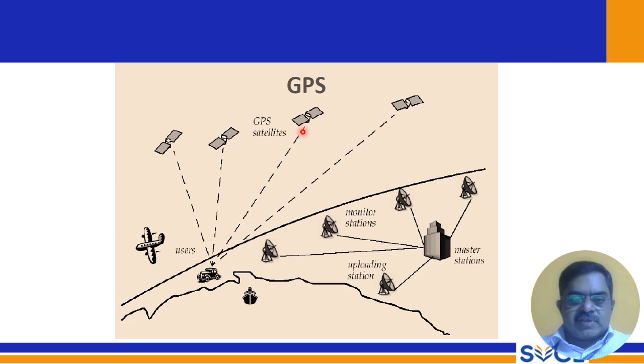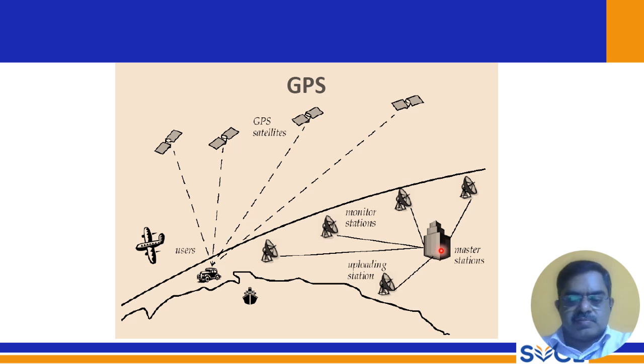You have GPS satellites, and you have the user, who is communicated with and measured by all satellites, and the absolute coordinates of this vehicle are measured by different stations. These are the monitor stations, and this is known as the master station. So this is how GPS is distributed.